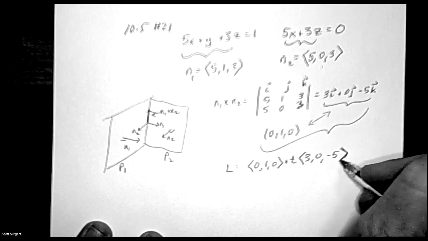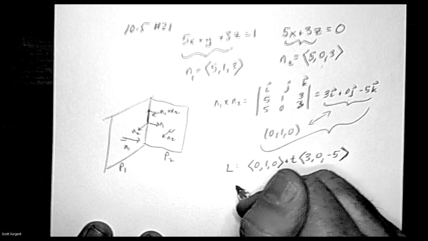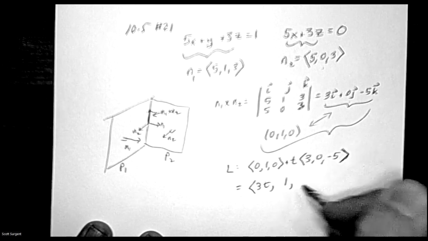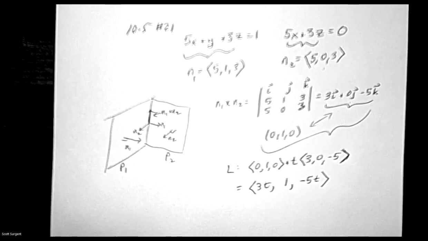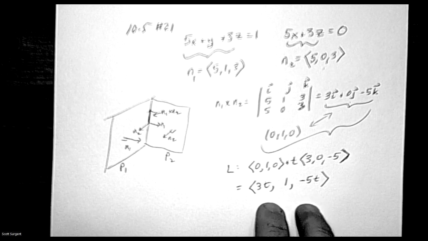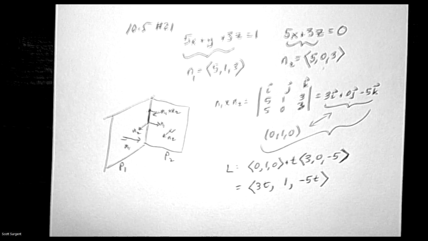Depending on how it wants it entered, you can type it in. For example, it would be 3t, 1, and then -5t. That would be the vector equation of the line where the two planes intersect.